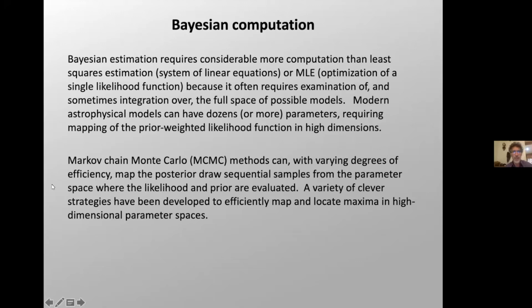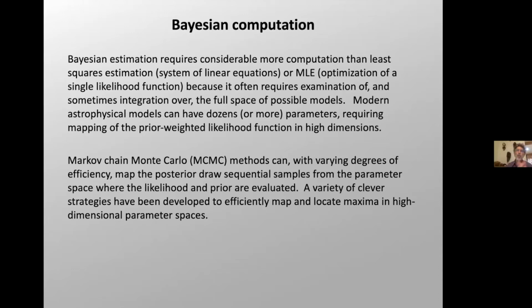So what they realized around 1992 was that Markov chain Monte Carlo methods can map the posterior by drawing samples that start somewhere and then make one step and then another step and another step from there, only remembering the previous location, with a certain randomness, random direction, and maybe random leap. But it's not entirely random.